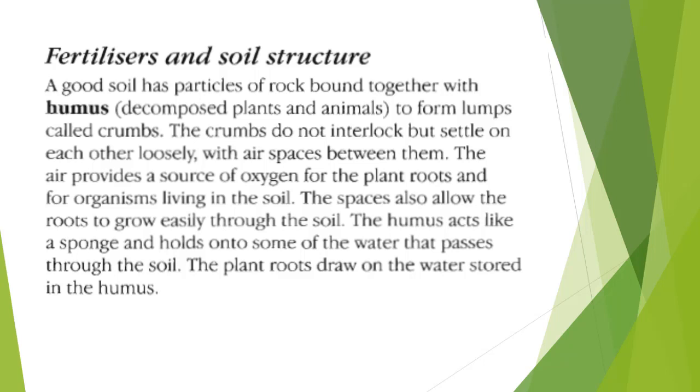And now here a little bit about soil structure. In the main, a good soil has particles of rock bound together, or we can call that humus. Humus is decomposed plants and animals' bodies, and those form lumps.